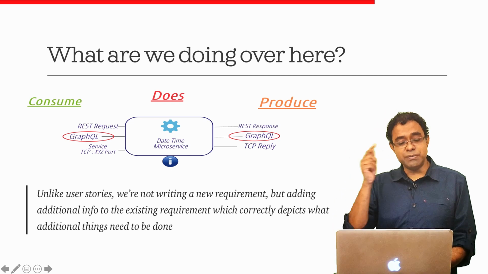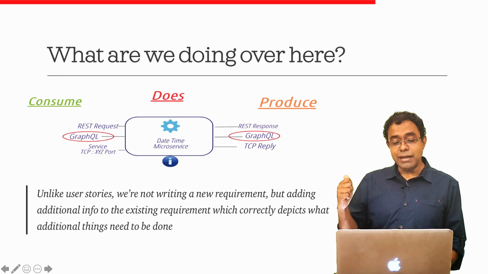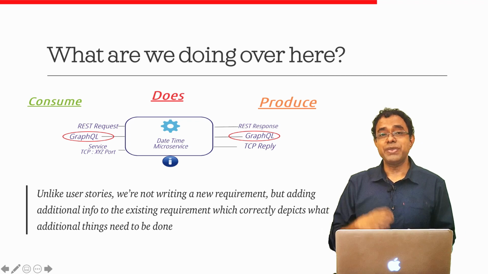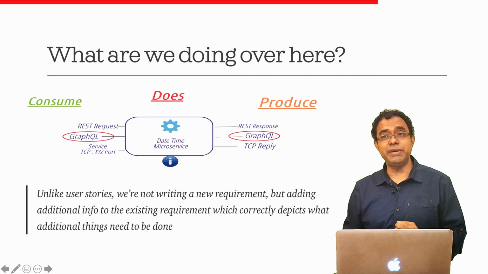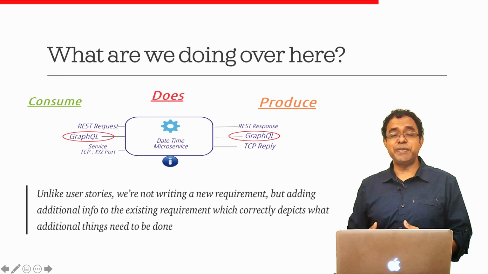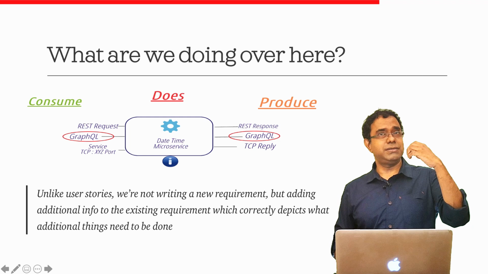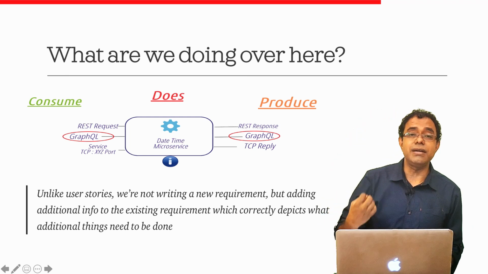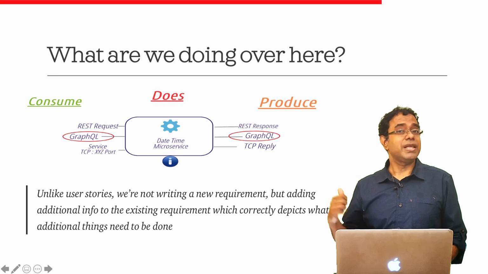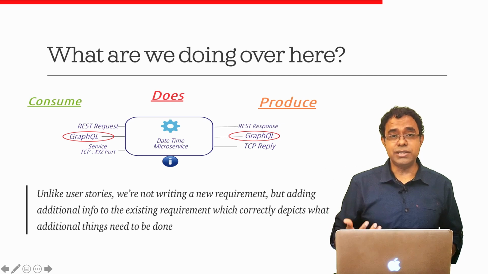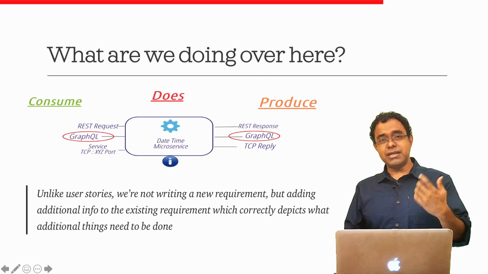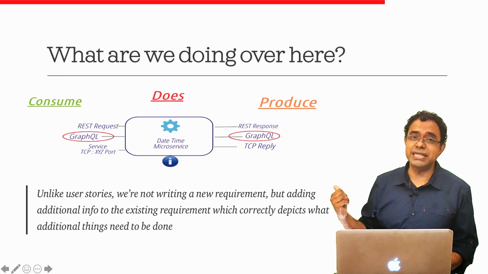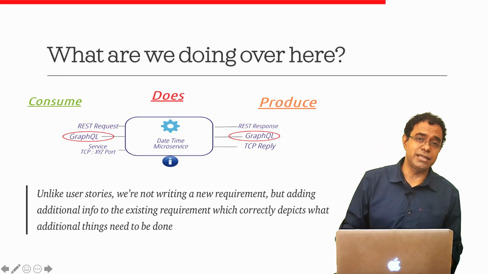So if you just mark it in red, and the datetime microservice was already completed by the team, let's say a couple of months back, and it is coming again to the same team, then from the management perspective, the people looking from, let's say, a 10,000 feet view, know that there are some additional requirements that the team is implementing. They are not going to look into user stories or text-based requirements to understand what additional things you are doing, and there will be lots of questions. But if you show them this picture, they will understand what additional thing you are doing.